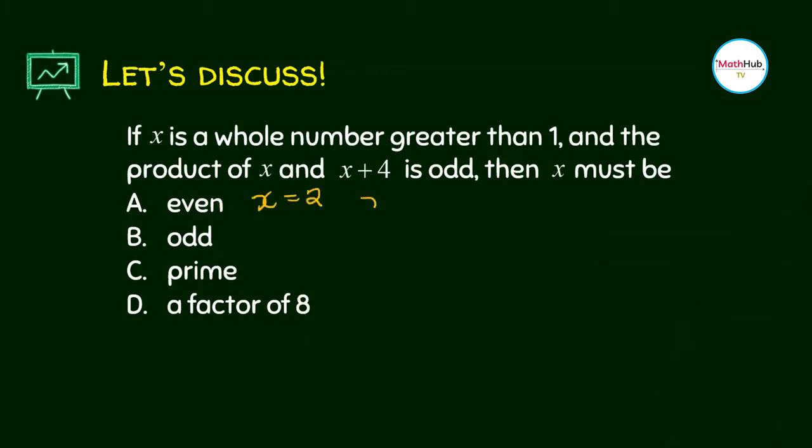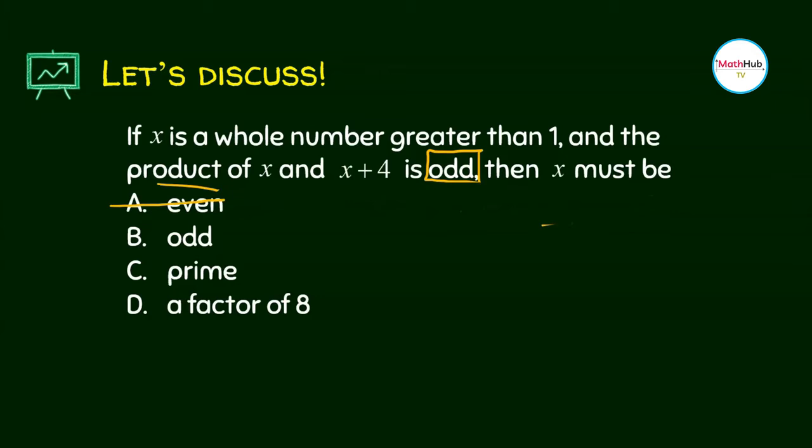If x is 2, what is x plus 4? So when you substitute, that would be 2 plus 4. So the answer is 6. But it says that the product, let's look at the product. The product of 2 and 6 is 12. But it says here that the product must be odd. So letter A cannot be the answer.